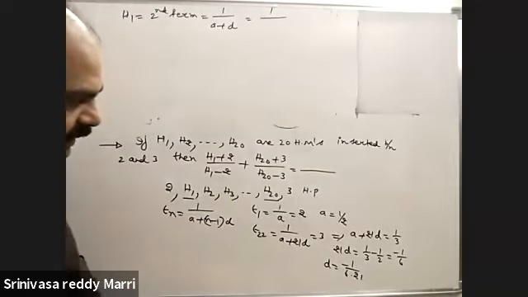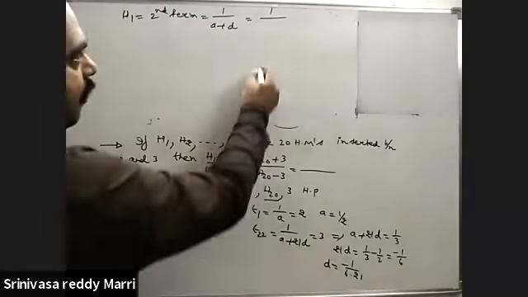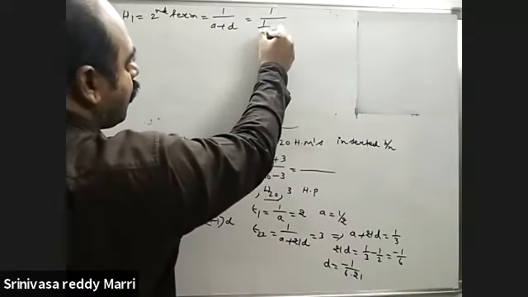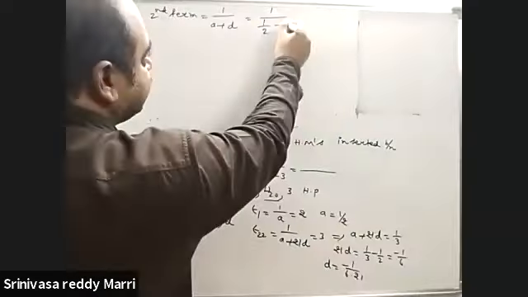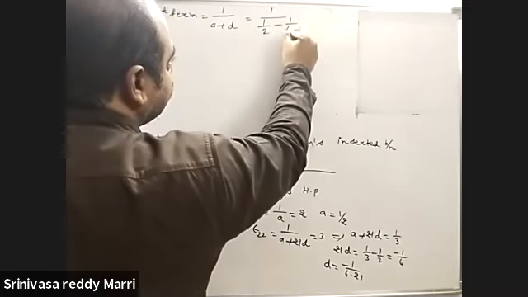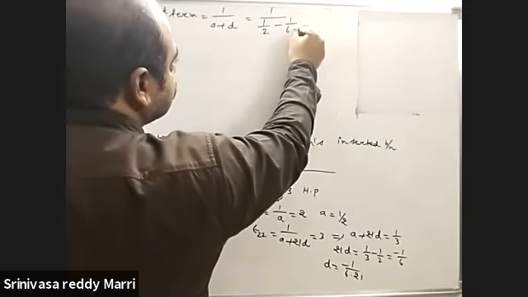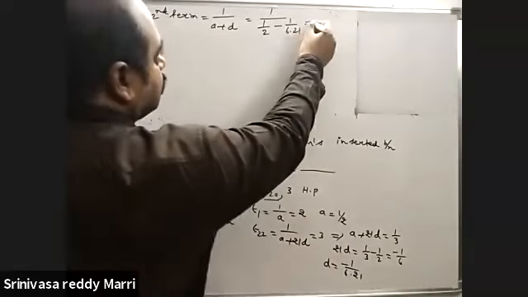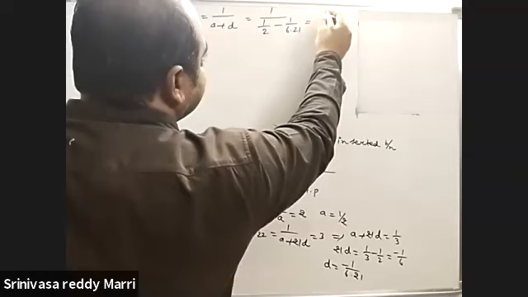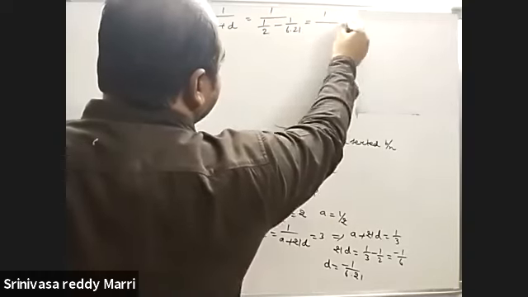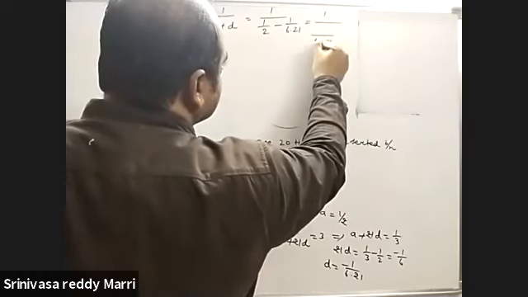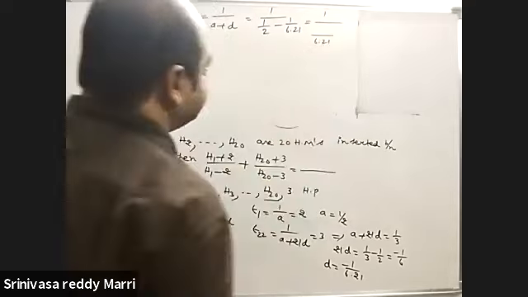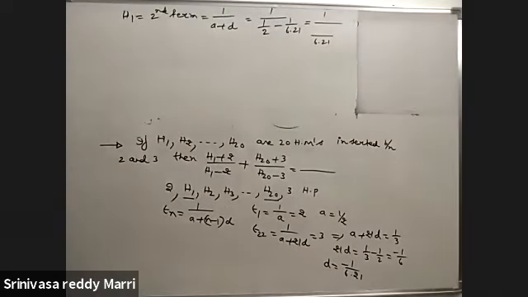So 1 by 1 by 2 minus 1 by 6 into 21. Right? So LCM will be 6 into 21.